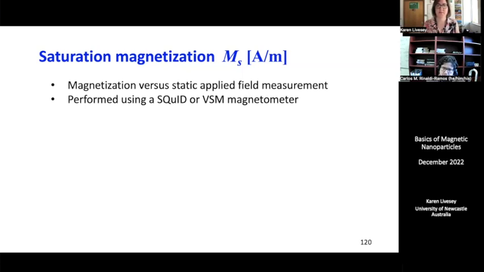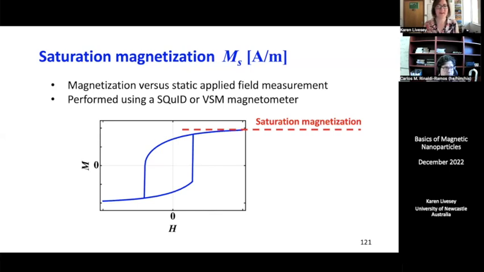These measurements can be performed, for example, using a SQUID or a VSM magnetometer. SQUID stands for superconducting quantum interference device, and VSM stands for vibrating sample magnetometry. And so we have these typical ways that we can measure magnetization versus applied field.